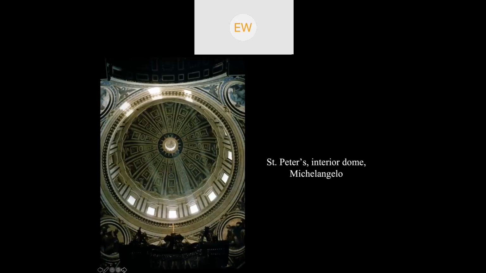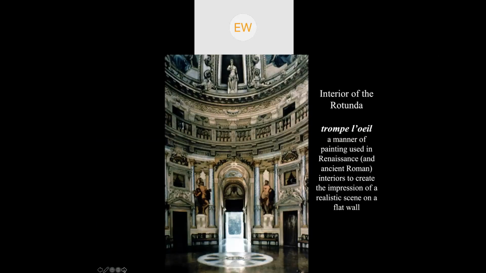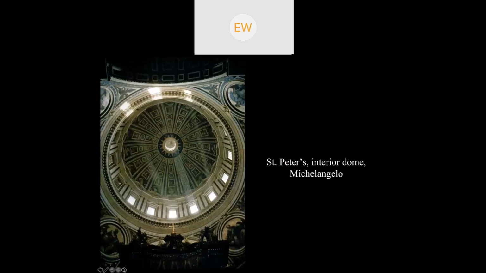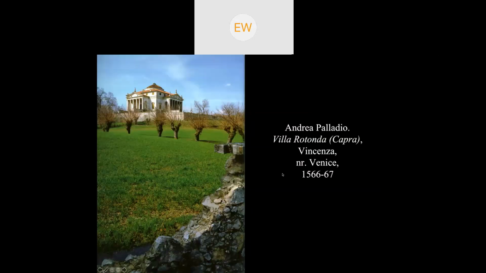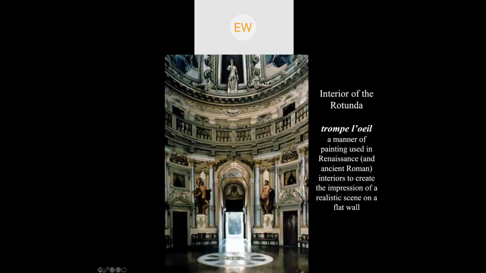And here, Michelangelo's dome of the interior of St. Peter's. Quite beautiful. Again, that pendentive dome structure with the dome up on arches. Here is an interior shot of this chapel area with some trompe l'oeil painting.